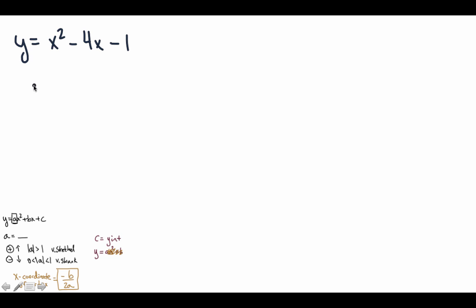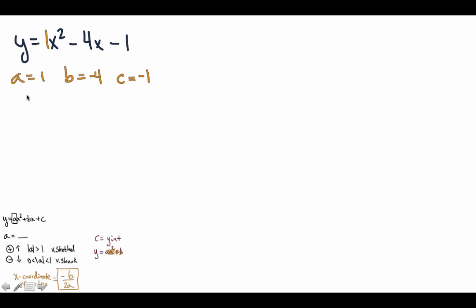First thing you're going to do is identify your variables, just like you did with the quadratic formula. a is equal to 1. b is equal to -4. c is equal to -1. Now you're going to go through all of these things with this information and figure out what the graph looks like.